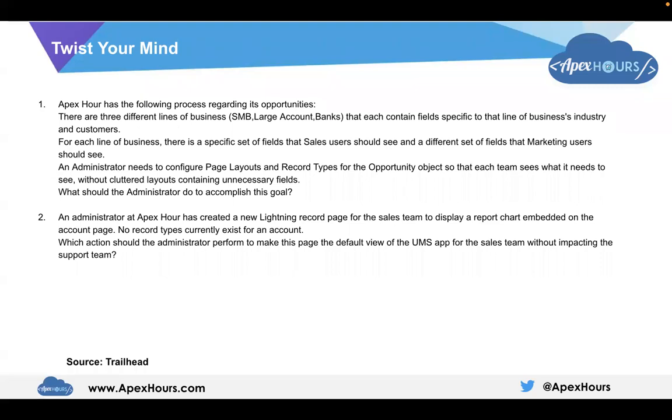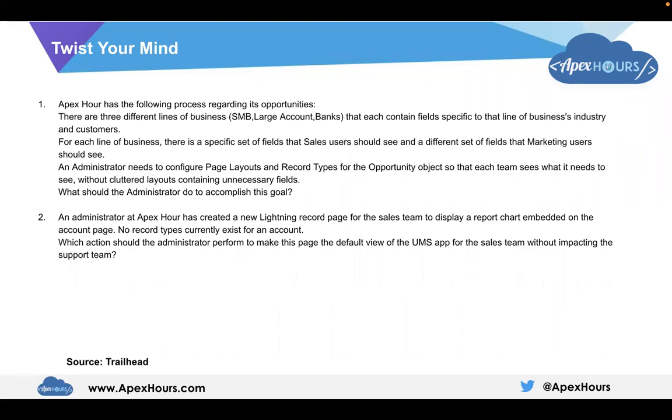The first question is ApexR. ApexR has the following process regarding its opportunities. There are three different lines of business: SMB, large account, and banks. Each contains fields specific to that line of business, industry, and customers. For each line of business, there is a specific set of fields that sales users should see, and a different set of fields that marketing users should see.